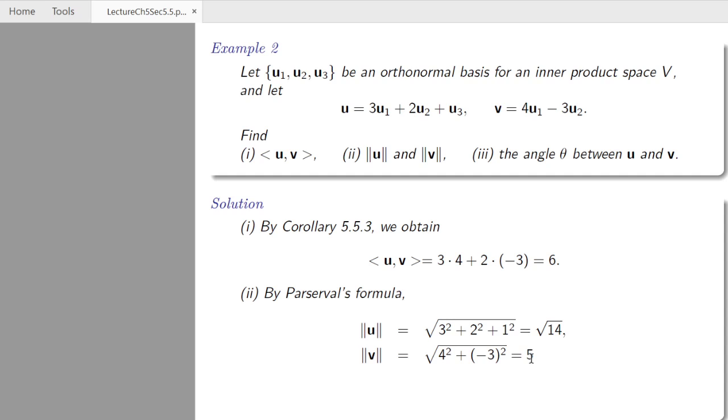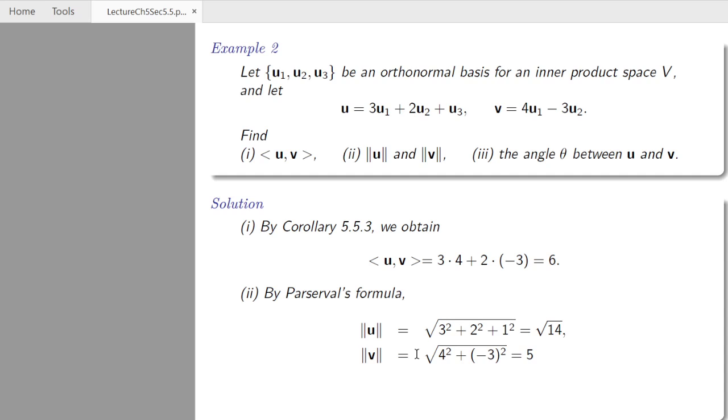So essentially, when we have an orthonormal basis, calculating the inner product and the length is just like what we did in Rn, where we talk about the scalar product.